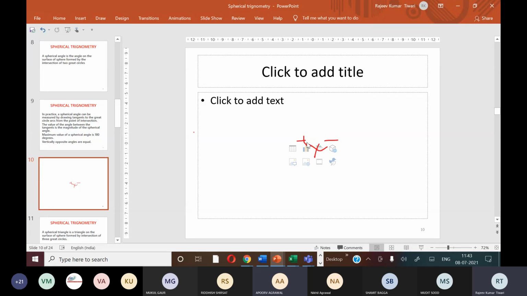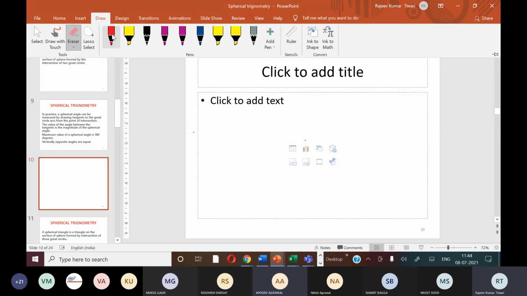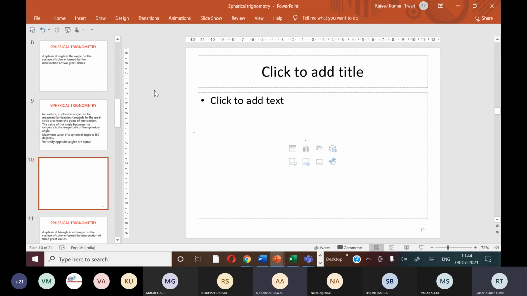When we are solving and finding angles, we'll use this. This is one great circle, this is the other great circle. These angles are congruent, vertically opposite.